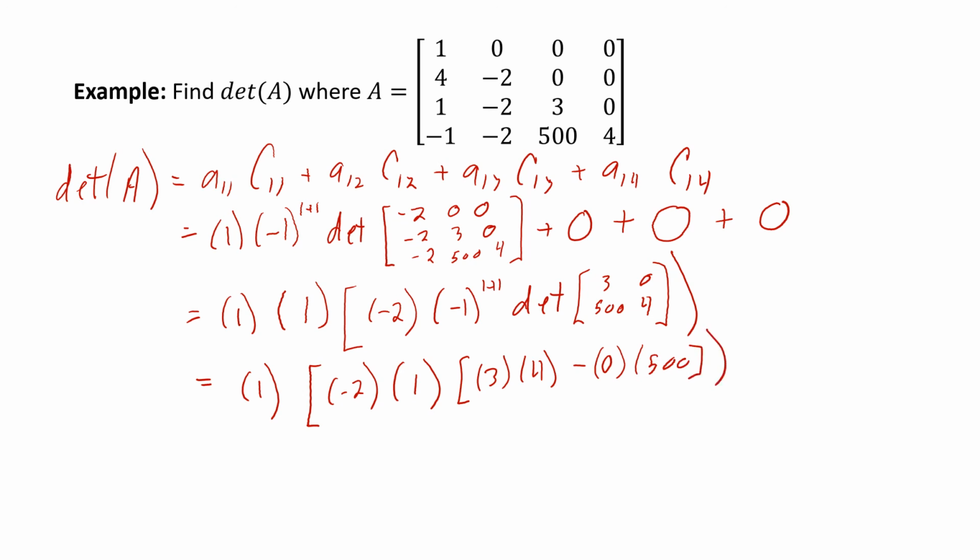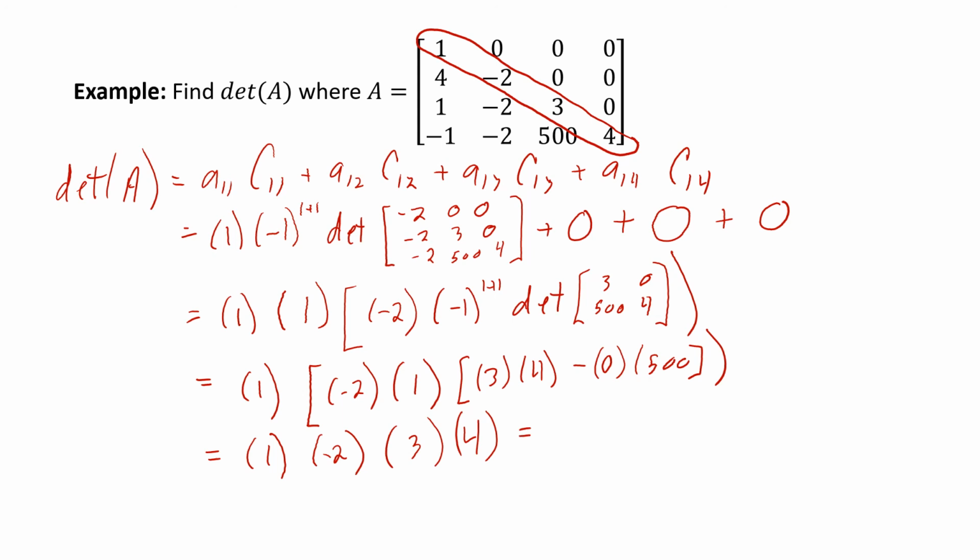What's this all equal to? This is equal to 1 times -2 times 3 times 4. Take a look at these numbers, 1, -2, 3, 4. That's exactly the diagonal. So you multiply that out, you get -24.